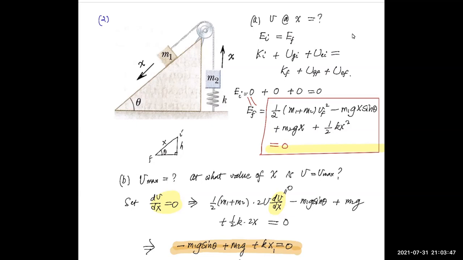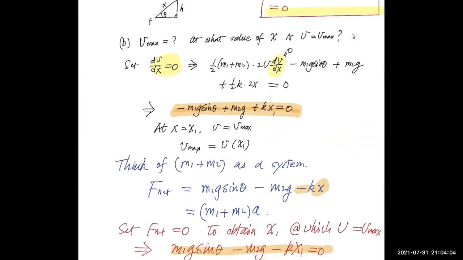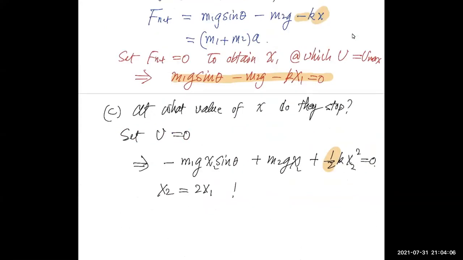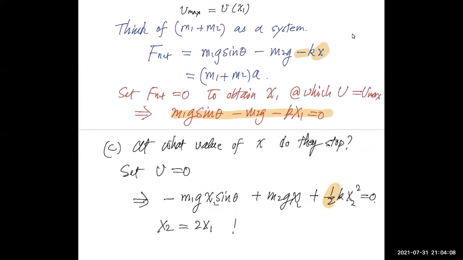Let's say you found that after traveling 3 centimeters each, the speed peaks out. And after traveling another 3 centimeters, guess what? They stop. Why is x2 equal to twice x1? This is a mathematical observation in our case, but it has interesting physical meaning. To see the clear meaning of that, you have to wait a little bit longer.